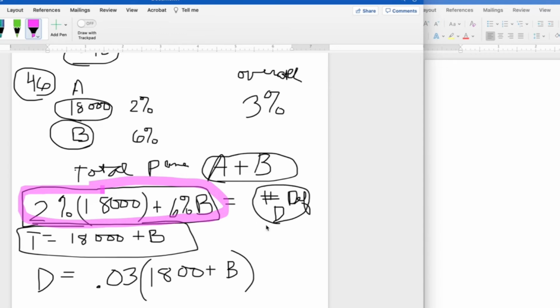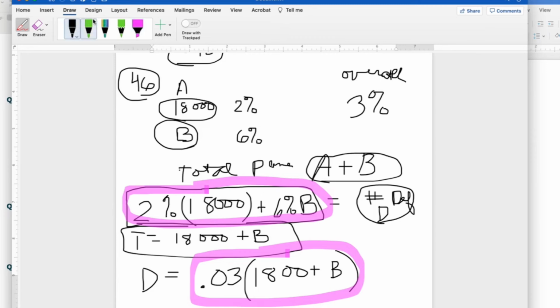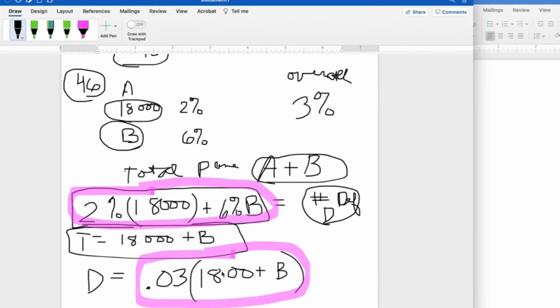But defective is also equal to 0.03 of 18,000 plus B. Oops, that was supposed to be 18,000; I lost a 0. If this is D and D is this, can't we set these two equal to each other? Because they both equal D, they must equal each other.